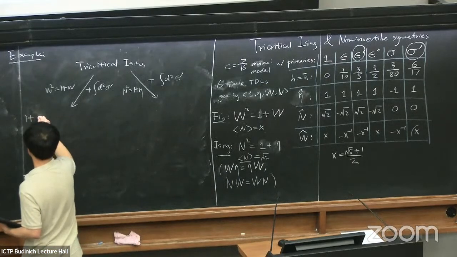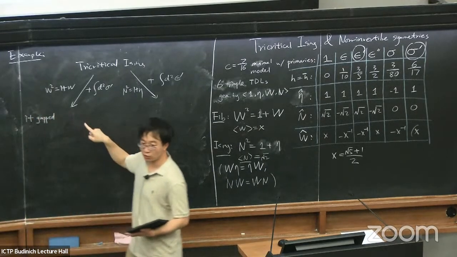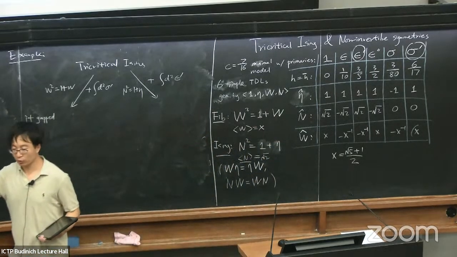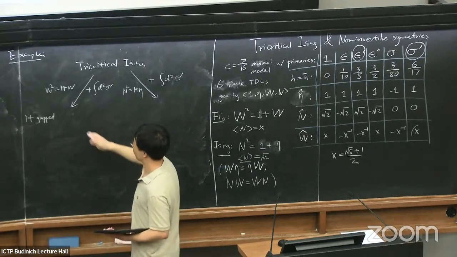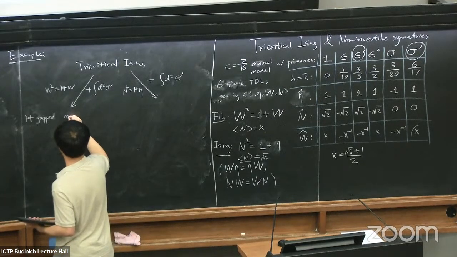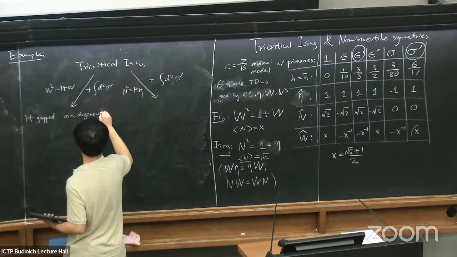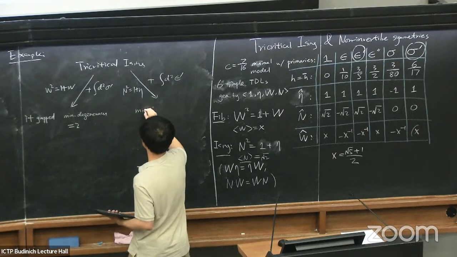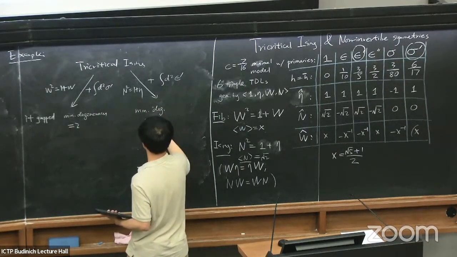If gapped, there has to be non-trivial vacuum degeneracy. And you can actually derive a stronger result, which I did not explain. You can show the minimal number of degeneracy is 2 in one case, and in the other, from a similar argument, the minimal degeneracy is equal to 3.